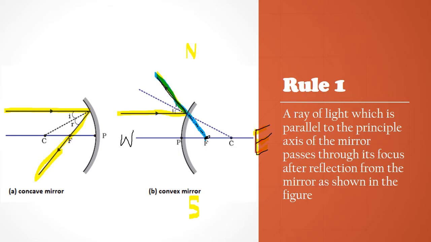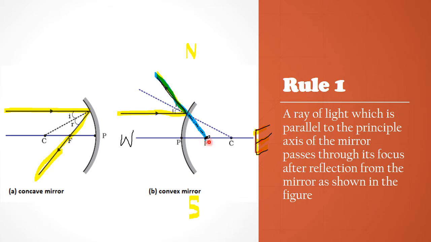This yellow light represents your incident light for your convex mirror, and it is moving parallel to your principal axis. After reflection, it moves in the upward direction. It's not actually coming from this point F, but it appears to be coming from it.